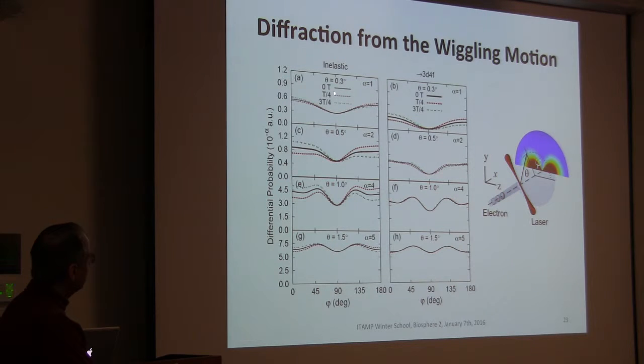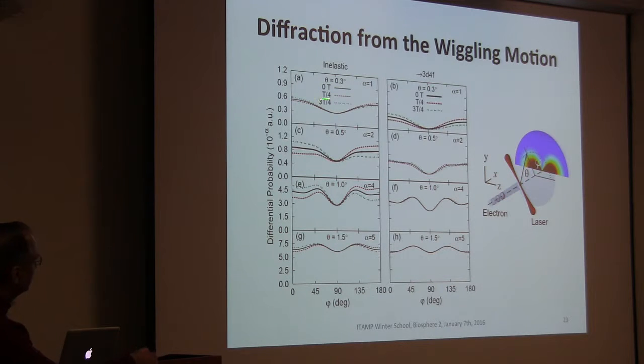And these are 3 different time delays, the curves. This double dotted curve is the highest on the positive z-axis, phi equals 0, and it's the lowest on the negative z-axis, which is phi close to 180 degrees. So the asymmetry is measurable, even including all this inelastic stuff.